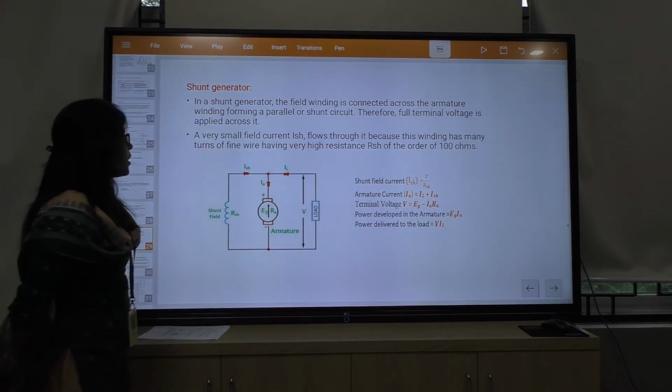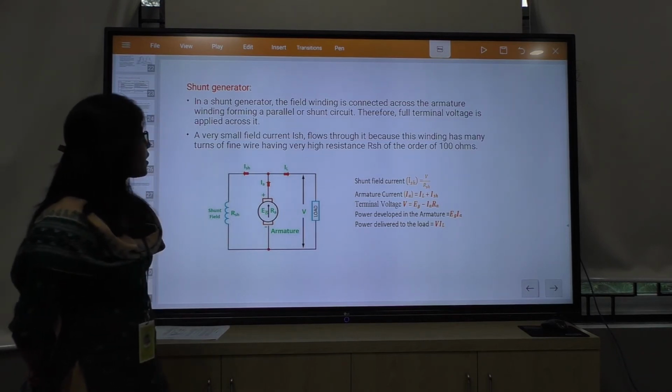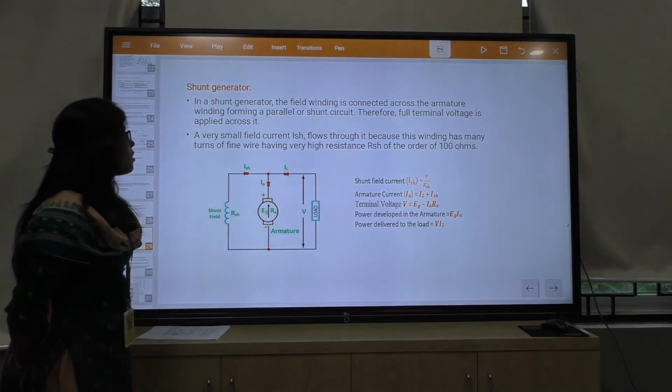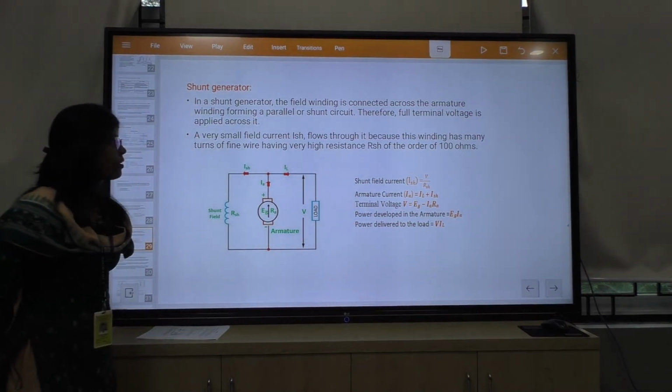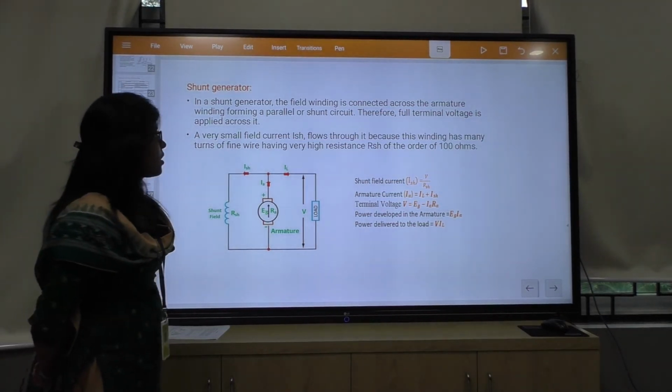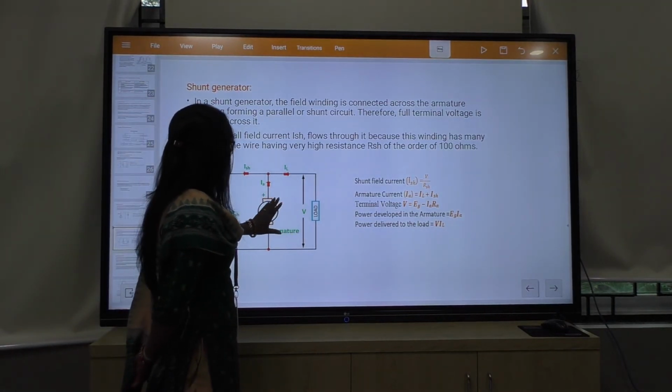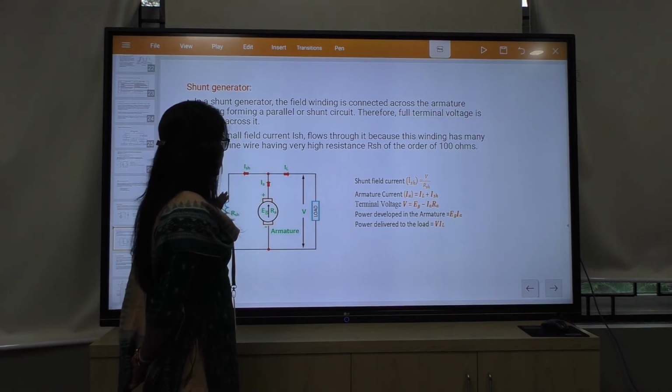Next, the shunt generator. In a shunt generator, the field winding is connected across the armature, forming a parallel path or shunt circuit. Here the full voltage appears across the shunt field winding.